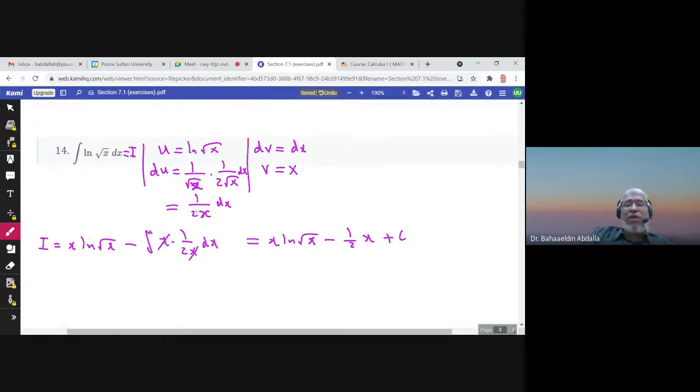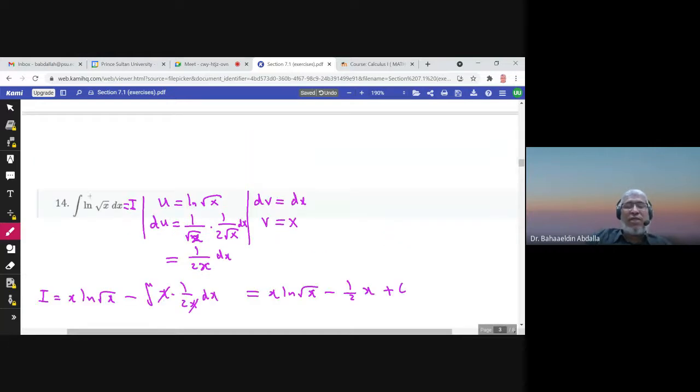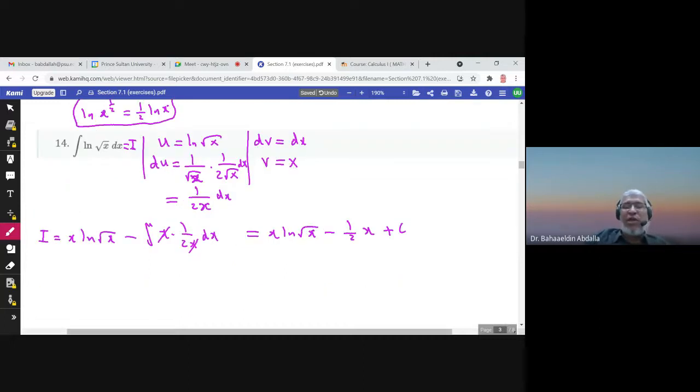Of course, here you could have written this as ln x to the power half, and then you take half here, because this is a property of the logarithmic functions. So then you find half integral ln x, and make sure it would be equal to this result.